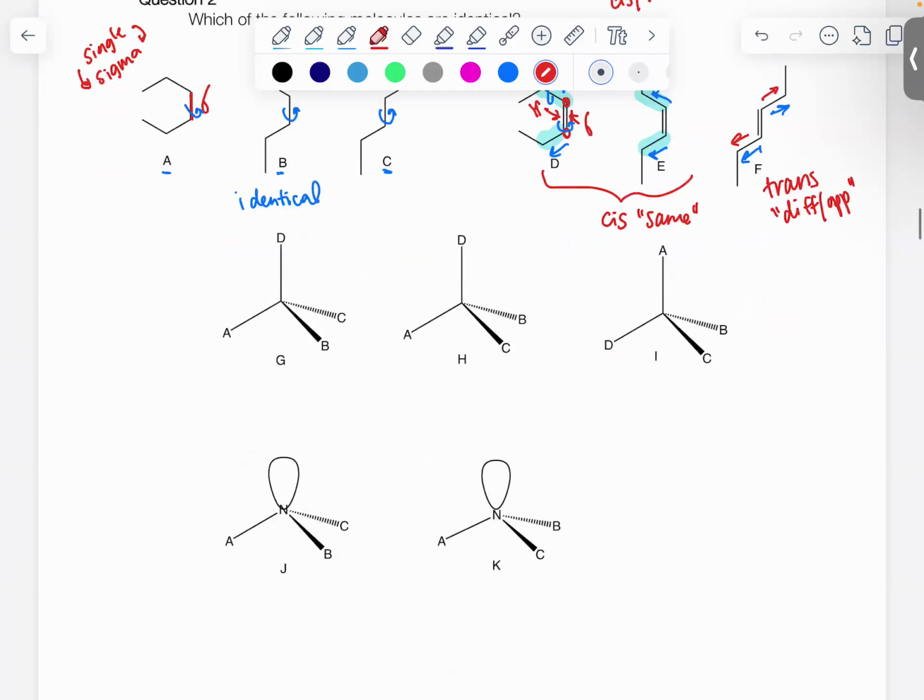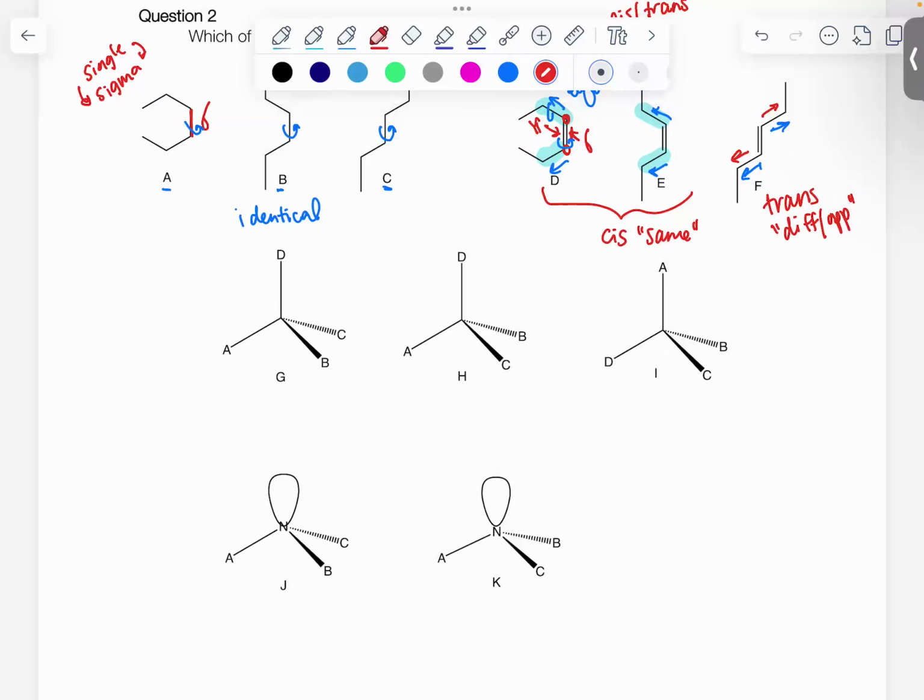Next, G, H, and I are our standard enantiomer questions. Again, I encourage the use of making models, but if you're not, you can just look at if two substituents are switched. And we see that between G and H, that B and C are changed. And then between H and I, A and D are changed onto a different color.